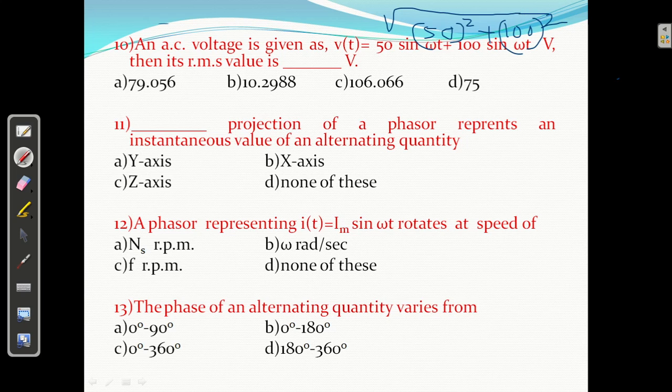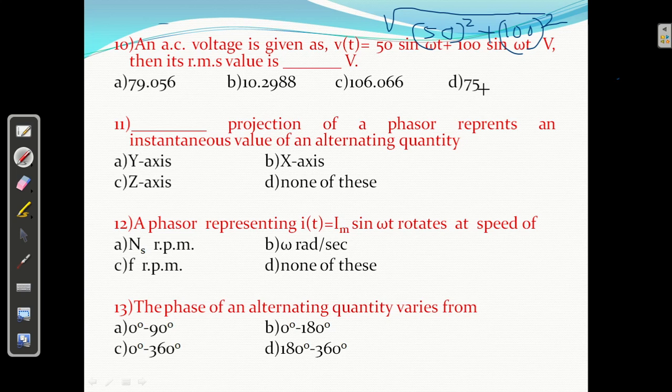So if you do it, you will get the maximum value, and if you divide by root 2, you will get the RMS value. Okay, so 50 square plus 100 square under root, you will get the peak value, and if you divide by root 2, you will get the RMS value.